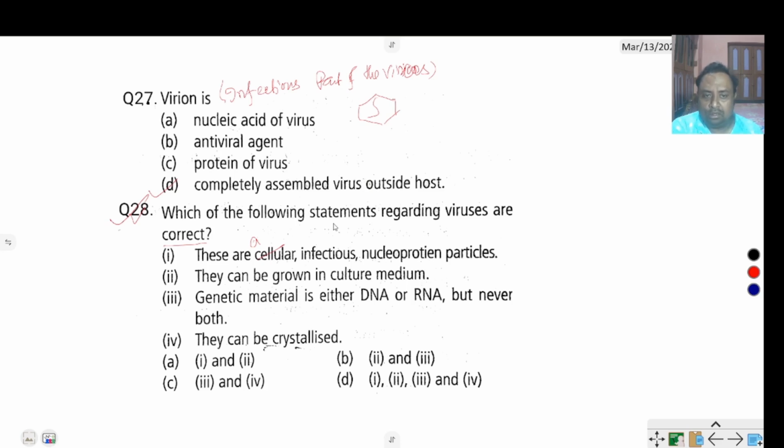They are infectious nucleoprotein particles. They can be grown in culture medium? No, they cannot. Genetic material is either DNA or RNA, but never both. And they can be crystallized. So 3 and 4 are correct. Option C is correct.